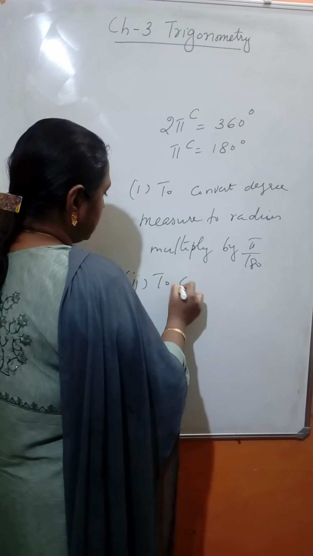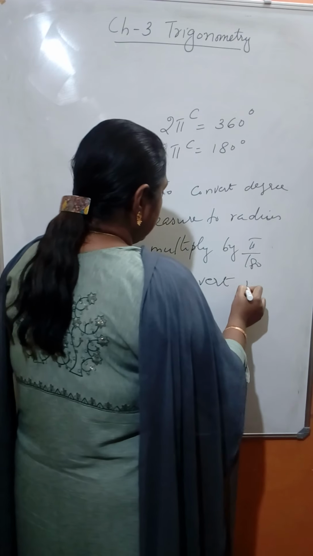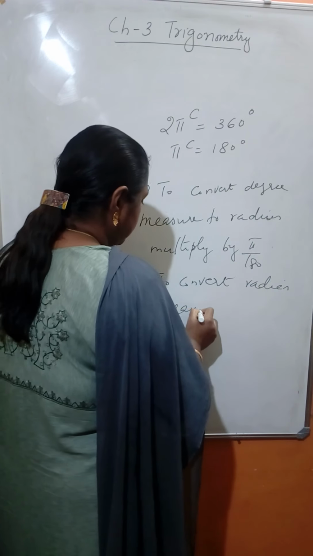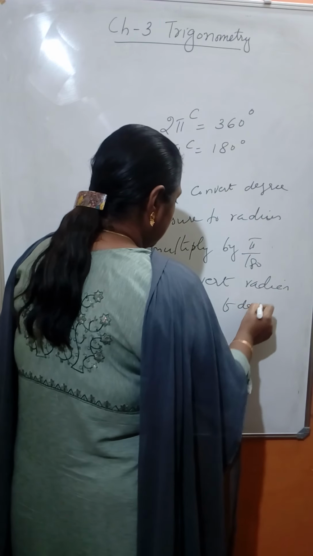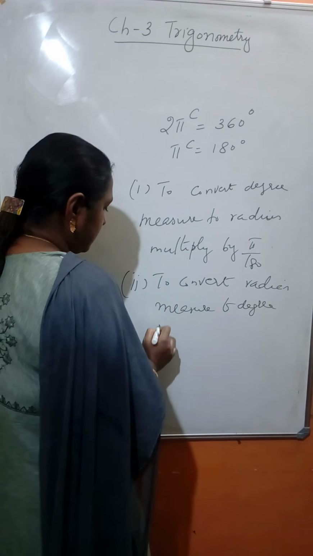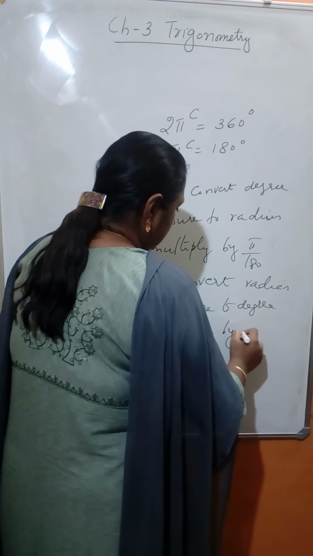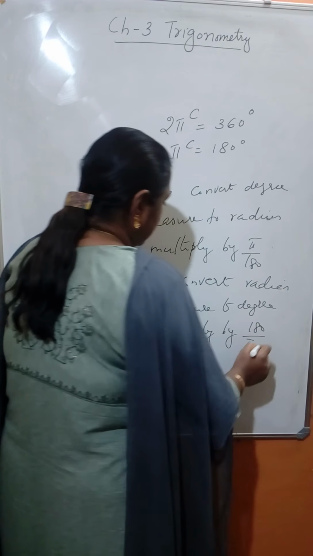To convert radian measure to degree measure, we have to multiply the given radian measure by 180 upon pi. So remember these two rules.